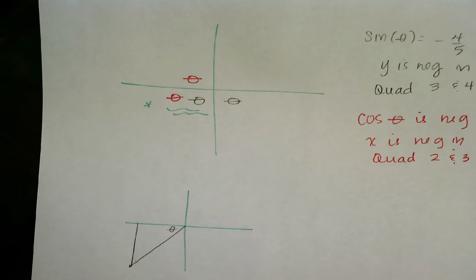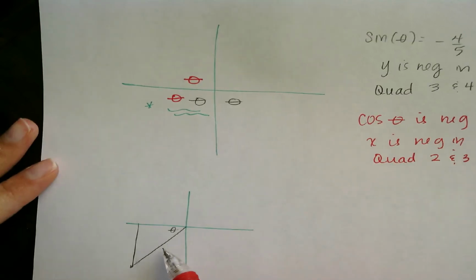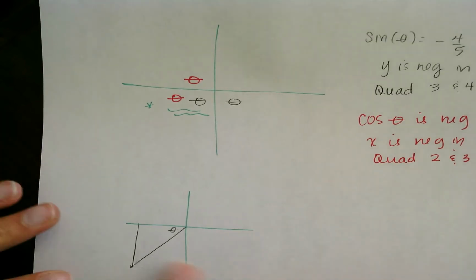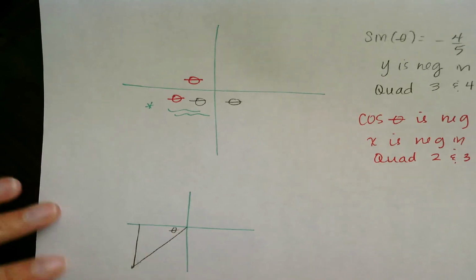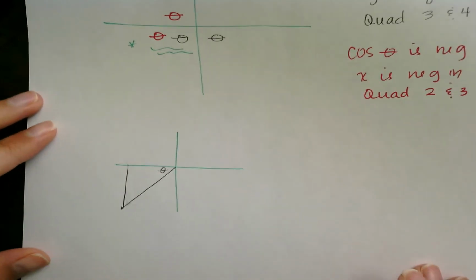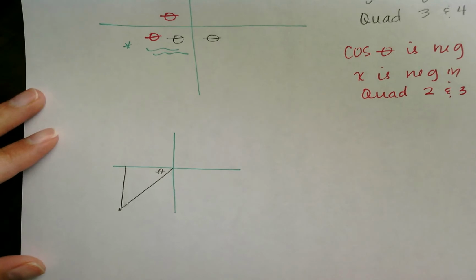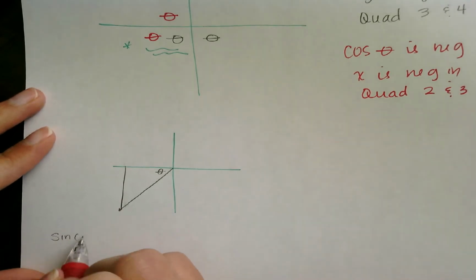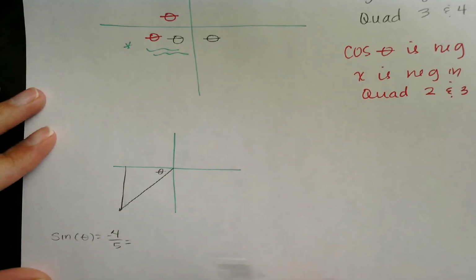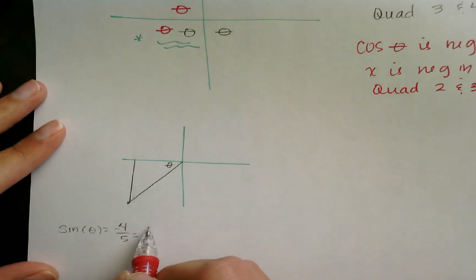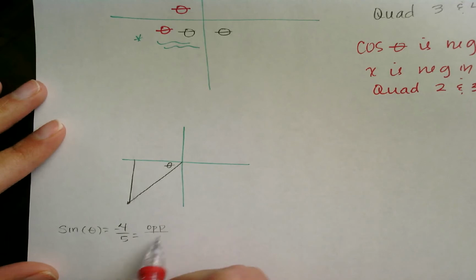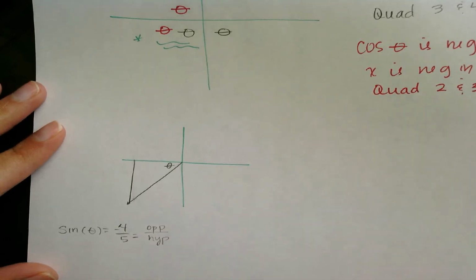Alright. Now we got some information to fill in. We want to find all the trig functions of theta. So sine of theta, cosine of theta, all that stuff. So it tells us that sine of theta equals negative 4/5. So that is telling us what, guys? That's telling us the opposite side over the hypotenuse.